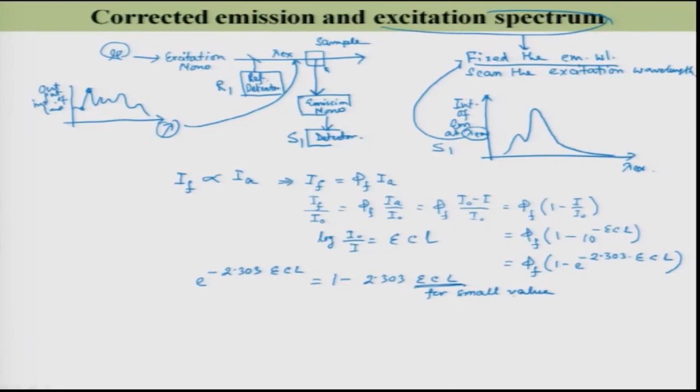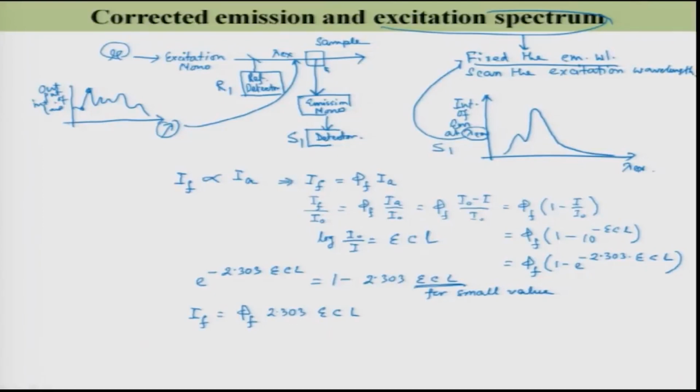Okay. So, then I can write it this way: I f equal to phi f into 1 minus 1 plus 2.303 epsilon C L, and I must have I 0.